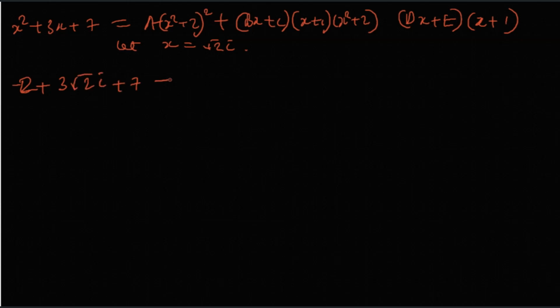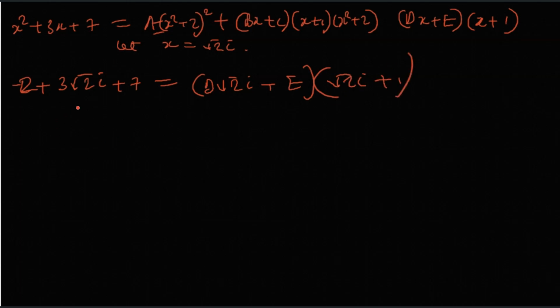then plus 7 being equal to, this will vanish, obviously, and this will vanish as well. So we are left with D root 2i plus E, times root 2i plus 1.